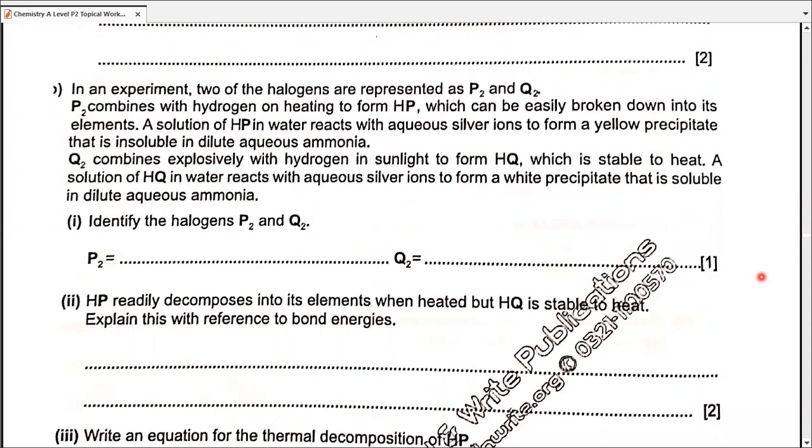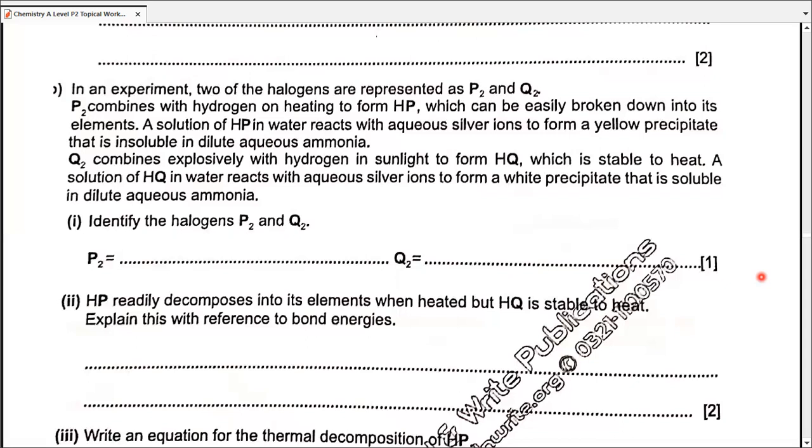Now, there are pretty open hints in there to identify P2 or Q2. Yeah, take your time. That's fine. Iodine is P2, and Q2 is chlorine. Good.